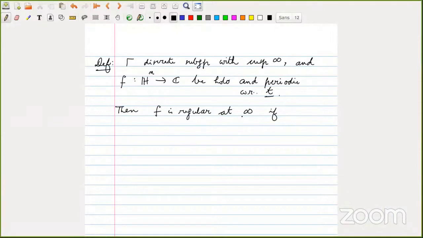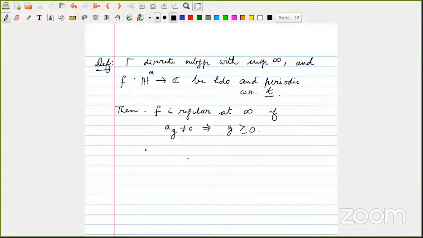A_g not equal to 0 implies that g is bigger than or equal to 0. This means that if the Fourier coefficients are non-zero, then the elements inside the dual lattice are all positive. This is about f being regular.